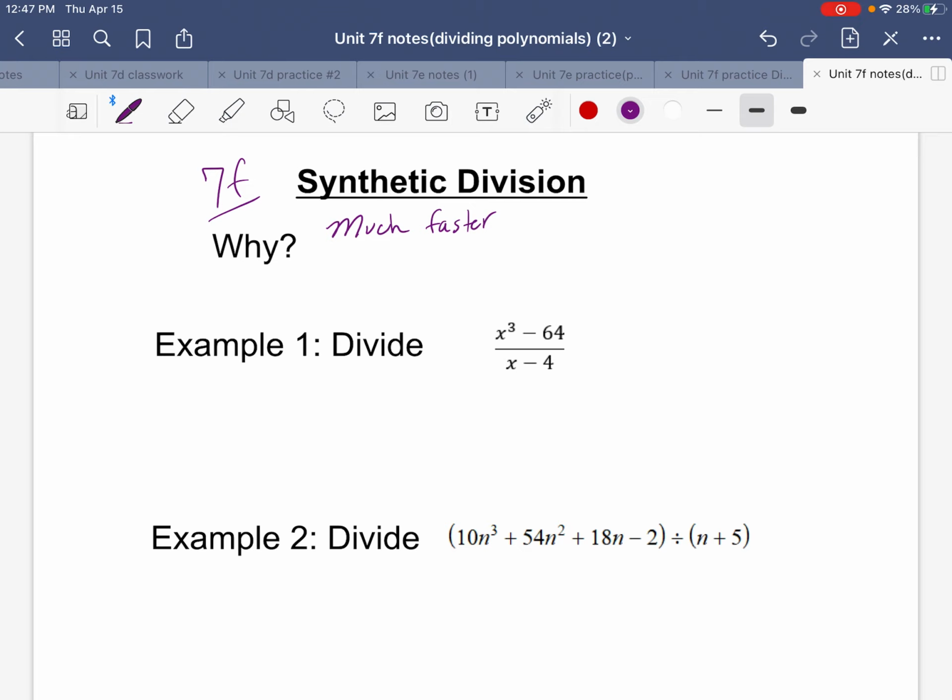And then, it actually only works well. I mean, it can work just like long division, it can work with every single division problem.